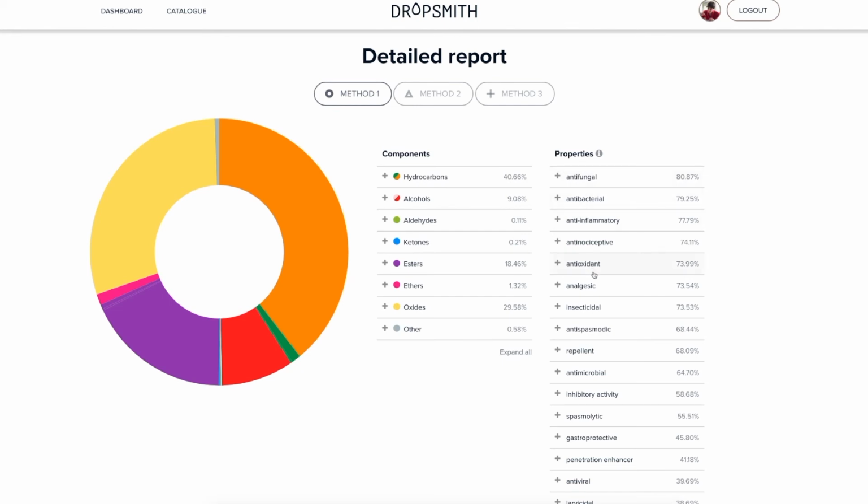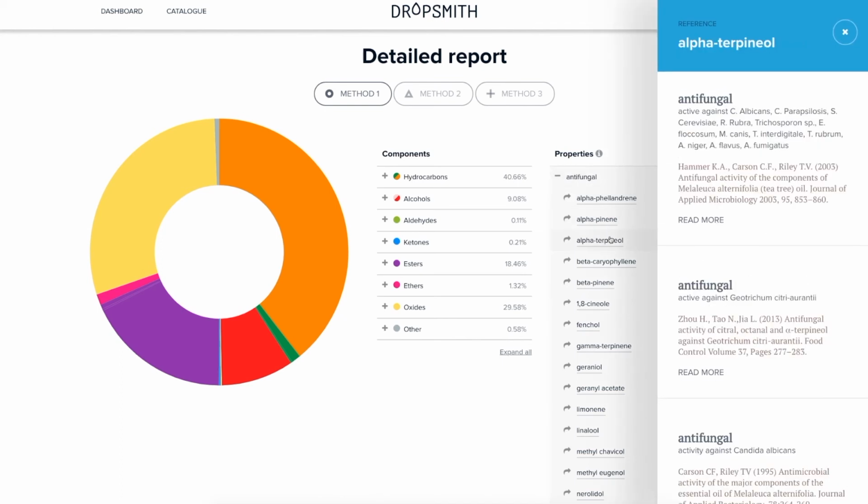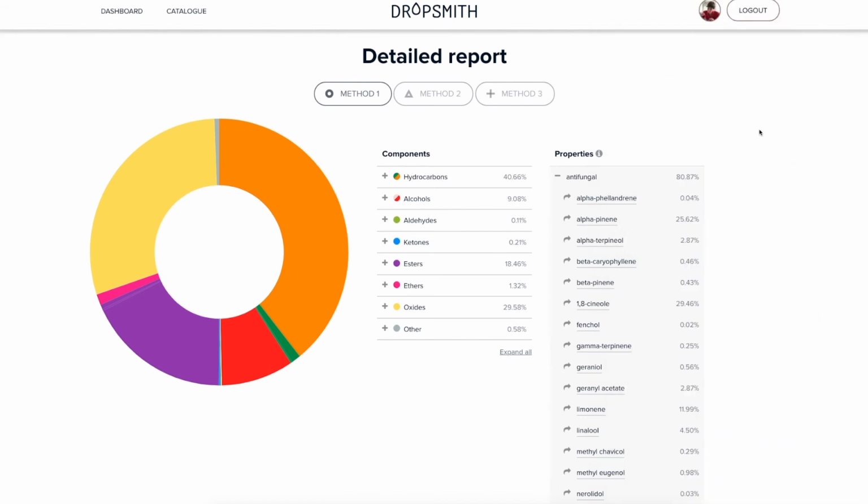I would always advise you to look at single components and then their synergy. So for example, although synergy is not predictable, knowing how much of these components actually add up to antifungal property does give me more confidence in why I'm using this oil for antifungal infection, for example, because I do have some data, some research I can back up my choice with.